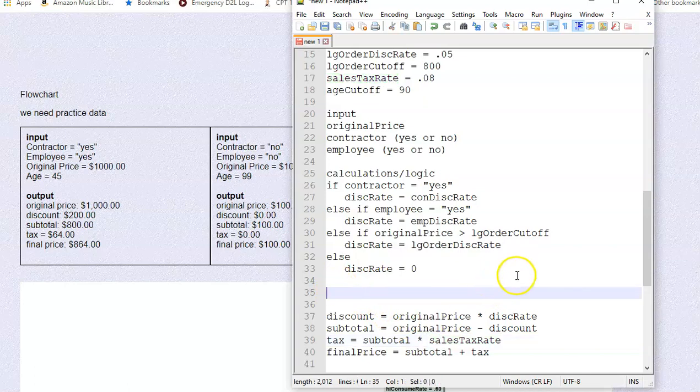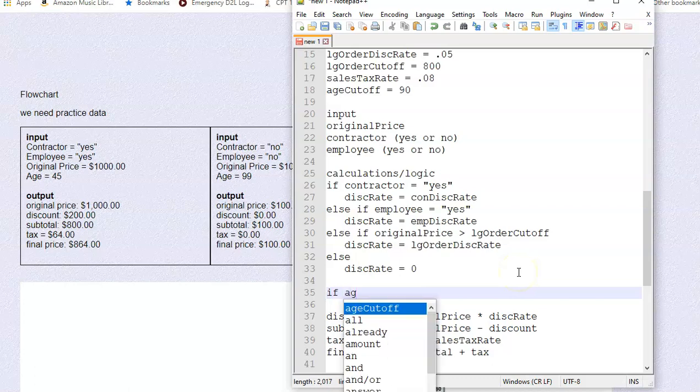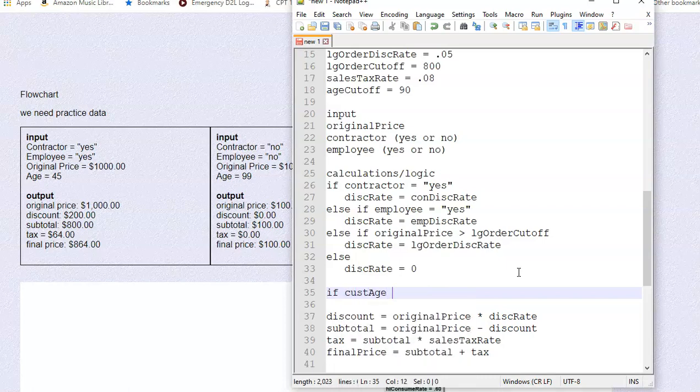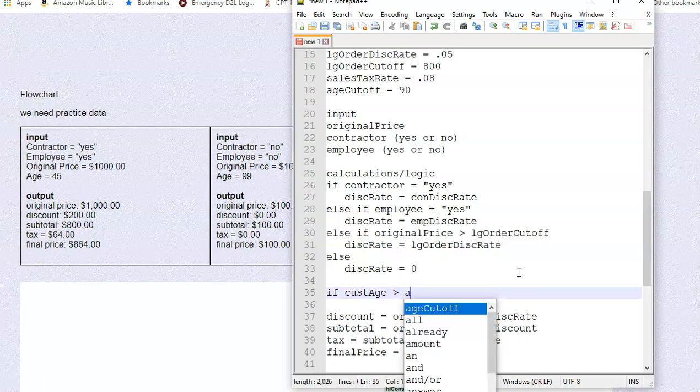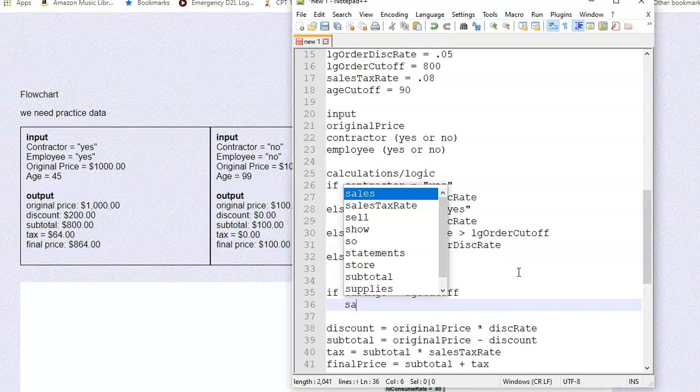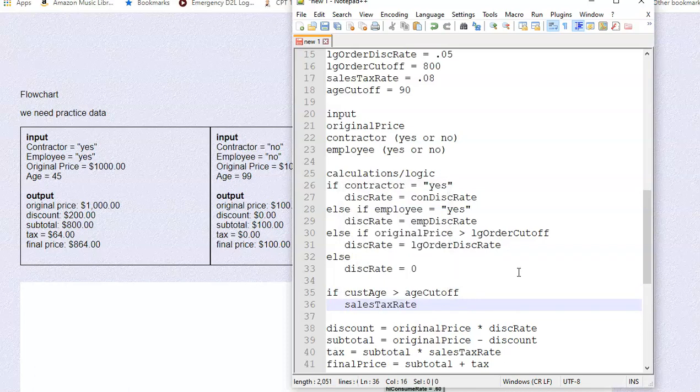So again, that's going to be if cust age, so we call that, oh, we don't even have the, if cust age is greater than the age cutoff, then the sales tax rate is going to be equal to 0. So once again, we're going to overwrite the original 8% with 0 because they don't get taxed for that.